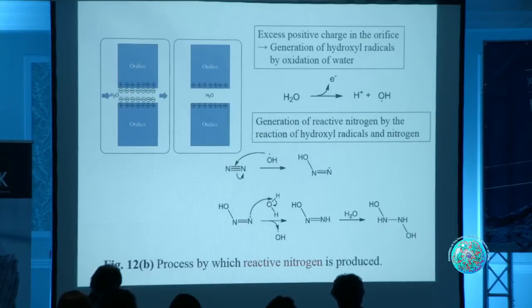Positive charge dominant range is realized as seen before, and excess positive charges in the orifice lead to generation of hydroxy radicals by oxidation of water, similar to what I said before, like this, and the generation of reactive nitrogen by the reaction of hydroxy radicals and nitrogen. This is hydroxy radicals.